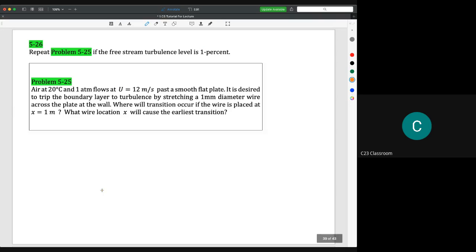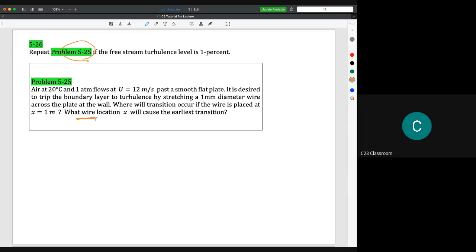Then we go for question 5.26. We repeat problem 5.25, where we have a trip wire here. What happens if the free stream velocity has 1% turbulence level? So it does not start with a very good flow, not a steady and uniform flow.